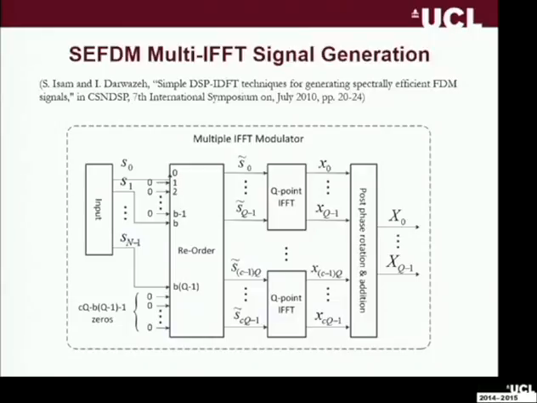So let's say that alpha equals 4/5. How do we relate alpha equals 4/5 to this picture? The way we relate it is that the denominator relates to the number of IFFT blocks you need. And the numerator relates to how you position the data symbols across these IFFTs. More details are in the papers. This is just to give you an idea of how you can actually use orthogonal IFFT blocks to generate non-orthogonal signals.